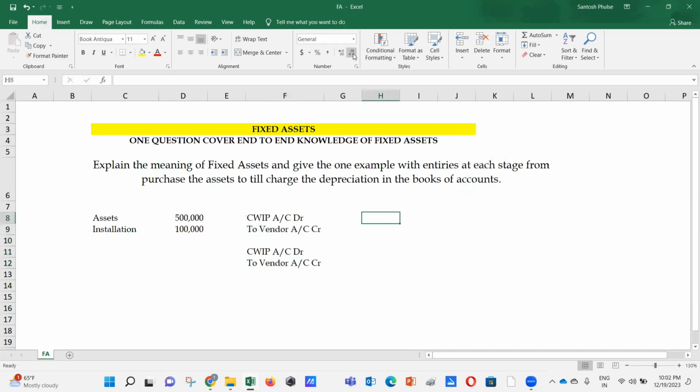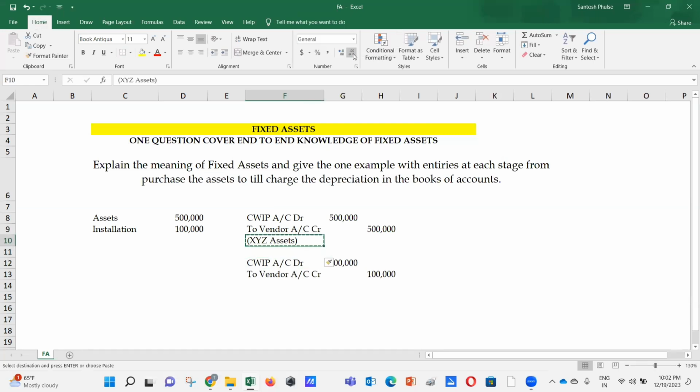Here you mention the asset name in the narration, XYZ asset. This value is 5 lakh. Here as well, you mention in the narration installation charges for XYZ asset, 1 lakh.